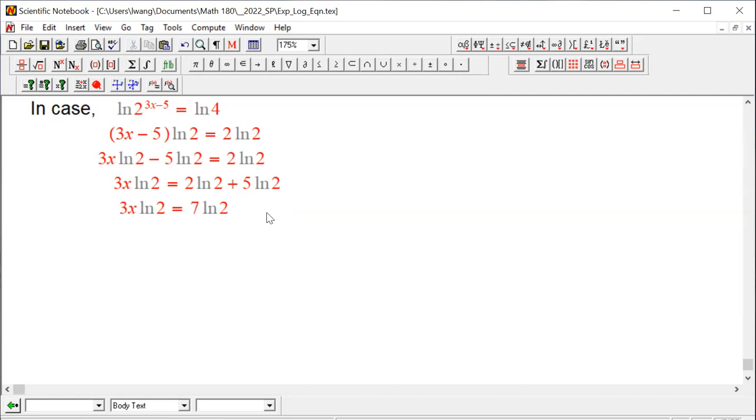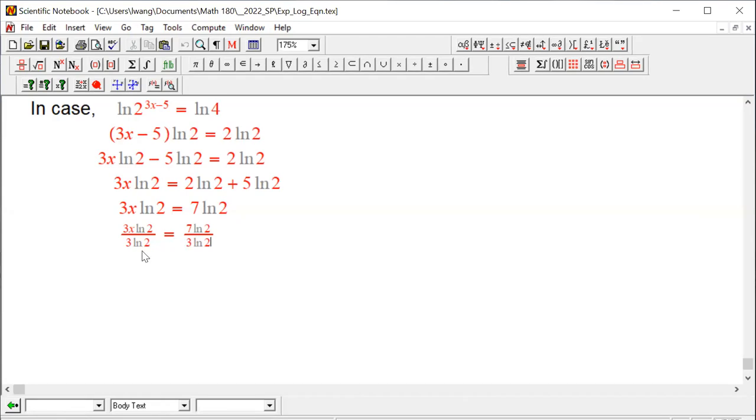And then you divide both sides by what? Certainly you divide both sides by ln2, but you also want to divide both sides by 3 times ln2 because you want to isolate x.